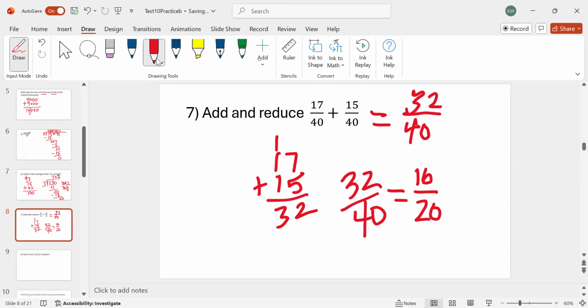Okay, those are both still even. So I think we can see that 4 goes into both 16 and 20. So let's divide both by 4. 16 divided by 4 is 4. 20 divided by 4 is 5. And that's the lowest that we can go to reducing the fraction. That is our answer.